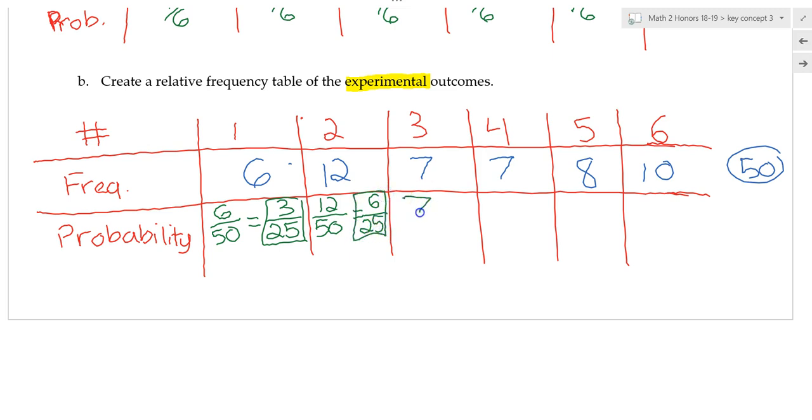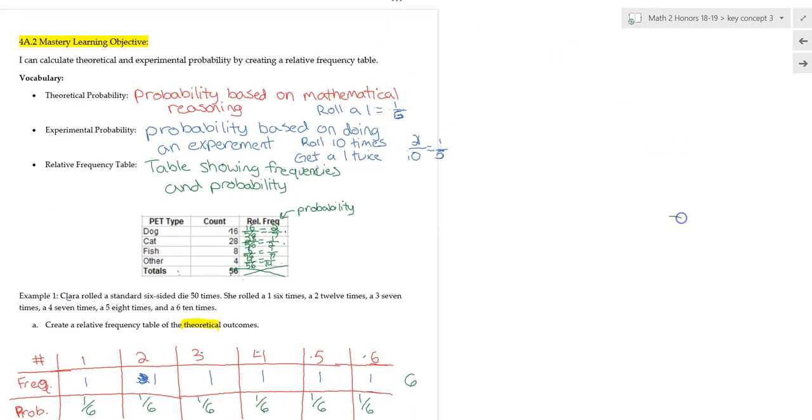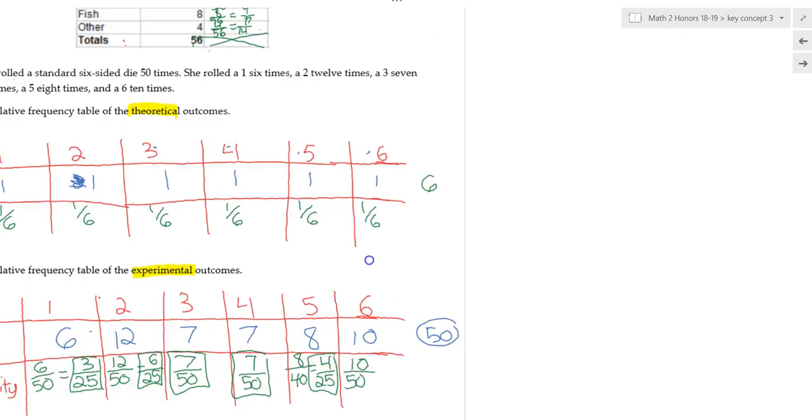Rolling a 3 is 7 out of 50, which does not reduce. A 4 is 7 out of 50, which does not reduce. A 5 is 8 out of 50, which gives you 4 out of 25. And a 6 is 10 out of 50, which equals 1/5.